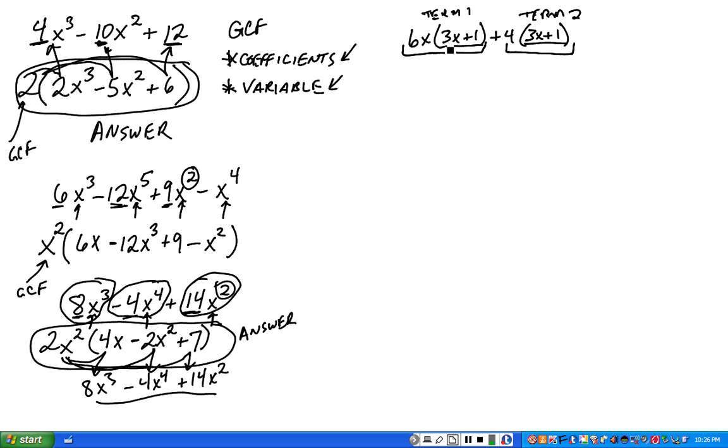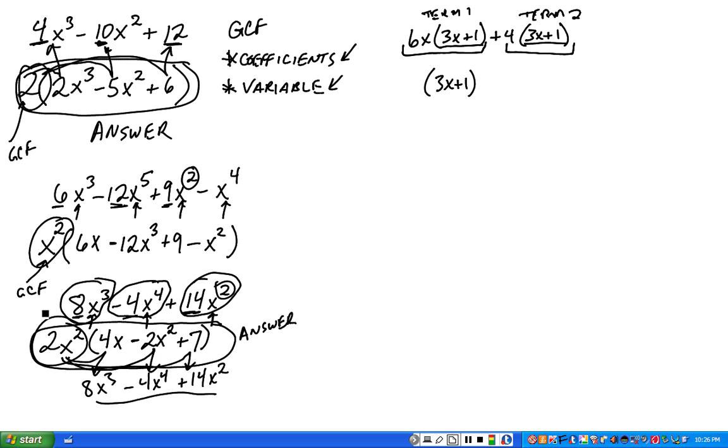Both terms have a 3x plus 1 in common. So if they have 3x plus 1 in common, just like over here with these problems, we pull out the GCF, what they have in common. Every time we're pulling out a GCF, we're pulling out whatever it was they had in common. So in this case, what they have in common is 3x plus 1.